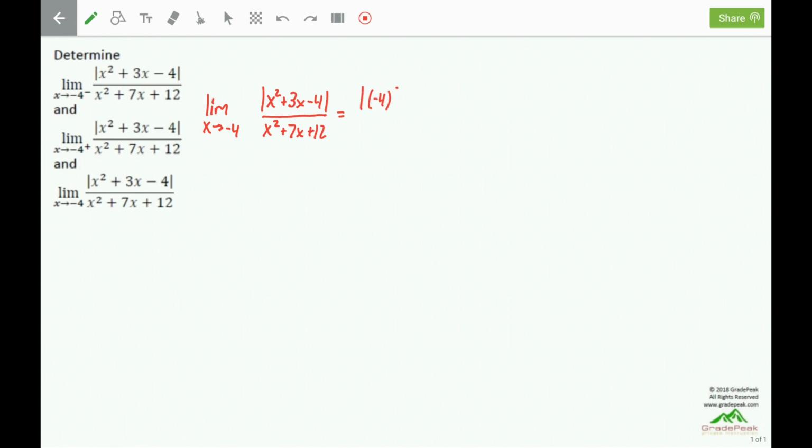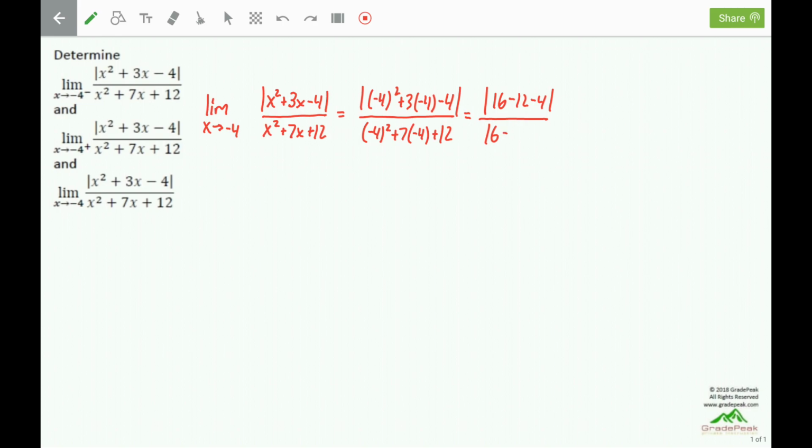That'll give us the absolute value of -4 squared plus 3 times a -4 minus 4, all over a -4 squared plus 7 times a -4 plus 12. So we have the absolute value of -4 squared is 16, plus 3 times -4 is -12, minus 4, all over -4 squared, which is 16.